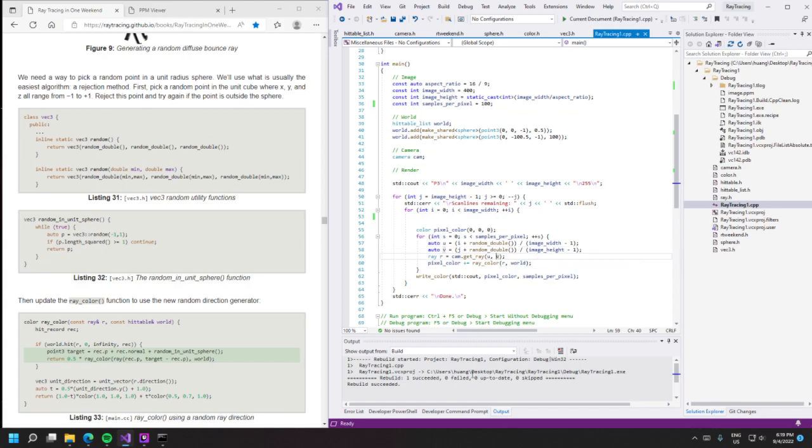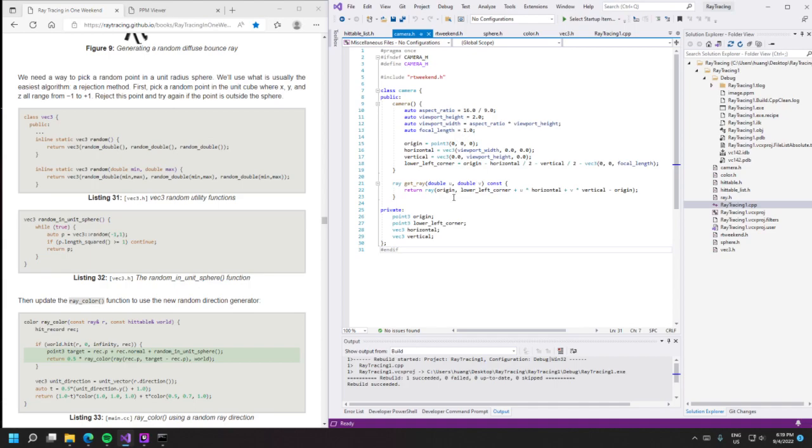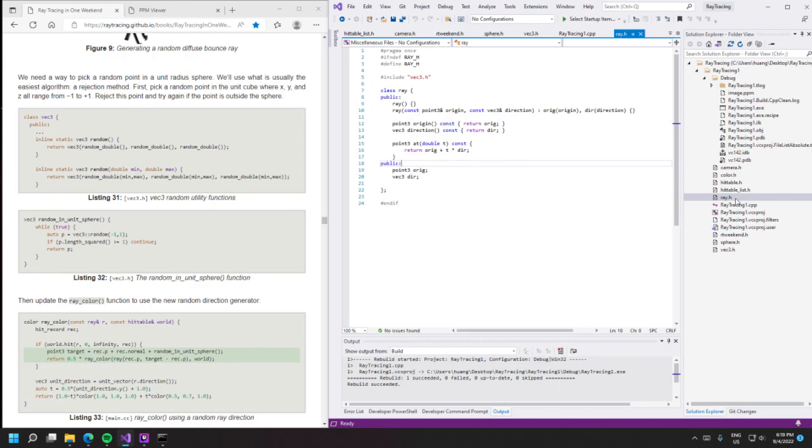Maybe the camera get ray. Is there something wrong with that? Origin. Yeah, I don't think this can be really wrong. Let me take a look at the Ray object.